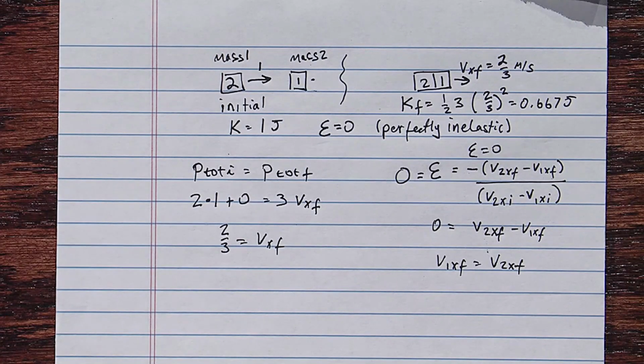Or went into sound or other forms of energy. So in a perfectly inelastic collision, we lose the maximum amount of energy possible. If we have an E that's somewhere between 0 and 1, we lose an amount of kinetic energy that's somewhere between a perfectly elastic collision and a perfectly inelastic collision.